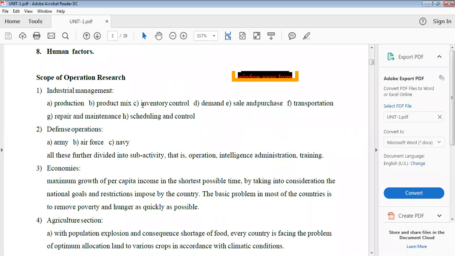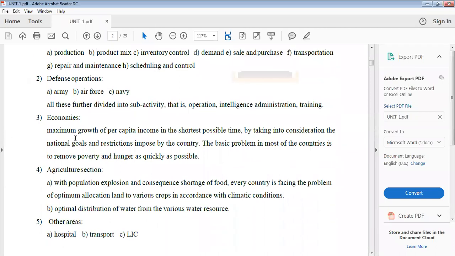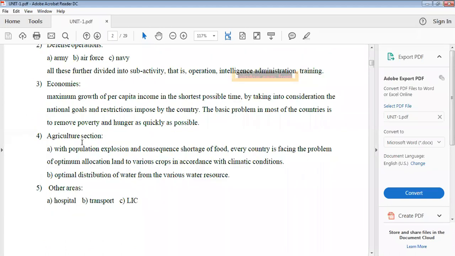So what are the areas where operational research can be applied? One is industrial management. Second is defense operations. Third is economics. Fourth is the agriculture sector, and other areas: hospital, transport, LIC.